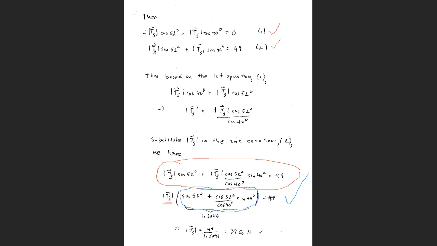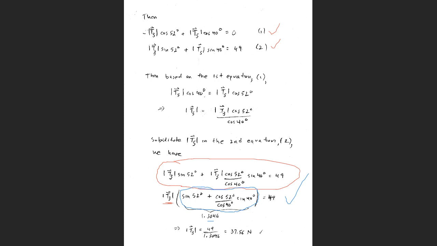I computed it: you have to have your calculator or Desmos in degree mode, 1.3046. And you have to go out a lot of decimal places because WebAssign is very picky about decimal places and accuracy.